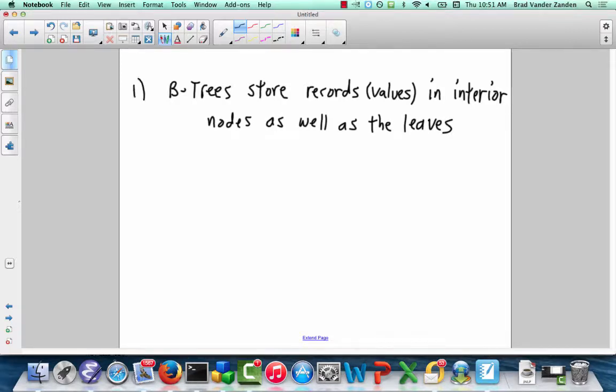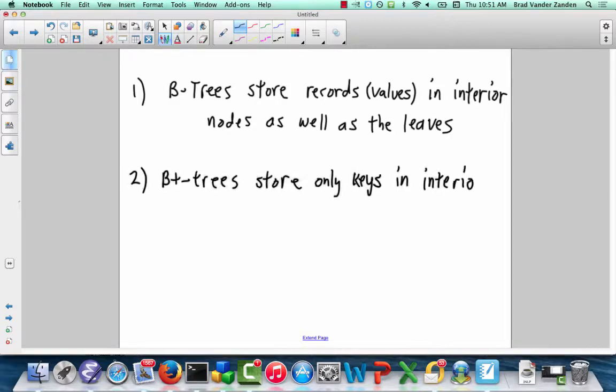B plus trees store only keys in interior nodes and store records in the leaves.